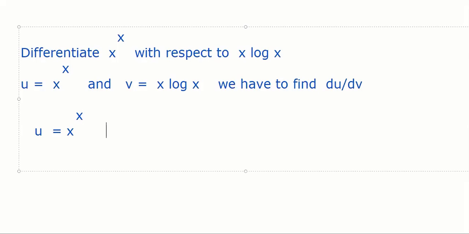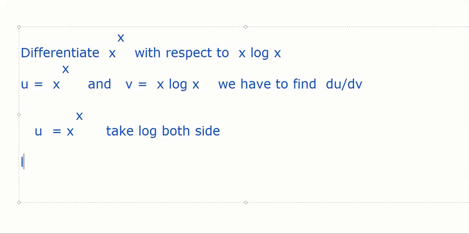If I take log both sides, what will it become? It will become log of u equal to log of x to power x. Correct? We always know log of x to power n is n log x, so this x comes down.